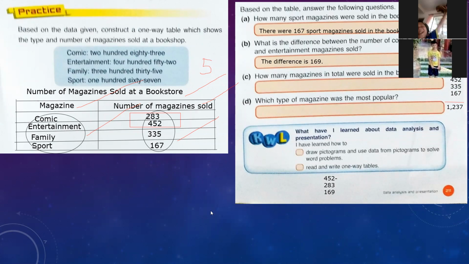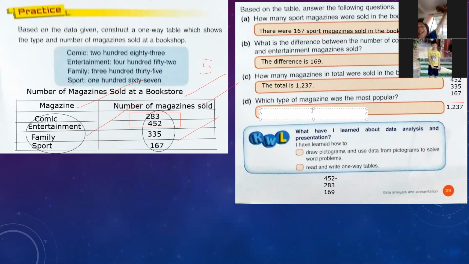And the answer is, the total is 1,237 sold in the bookshop. Very good. I like the total is 1,237. Full stop. Yes, because I am tired already, and you are tired too, so that is accepted.